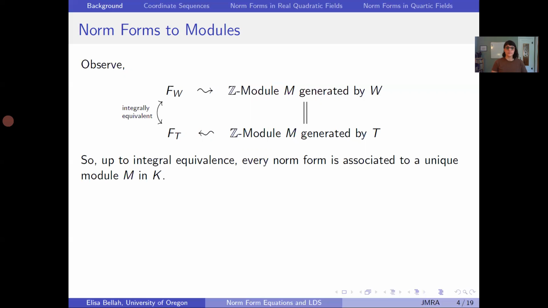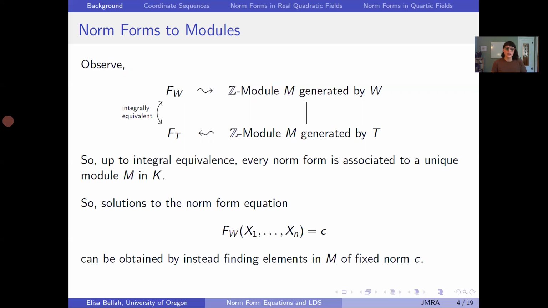And so up to integral equivalency, which is really what you want for Diophantine problems, every norm form is associated to a unique module in your number field K. What that means is solutions to norm form equations can instead be obtained by finding elements in the associated module of fixed norm C. So for most of the rest of this talk, we'll just be talking about elements in modules of fixed norm.